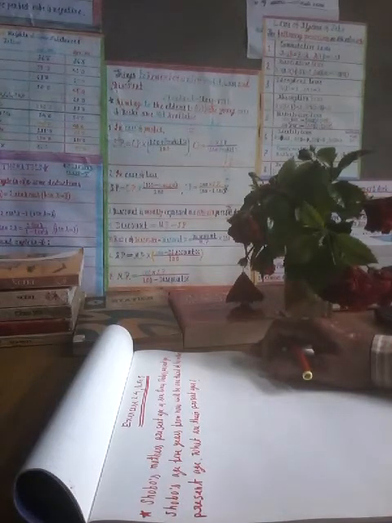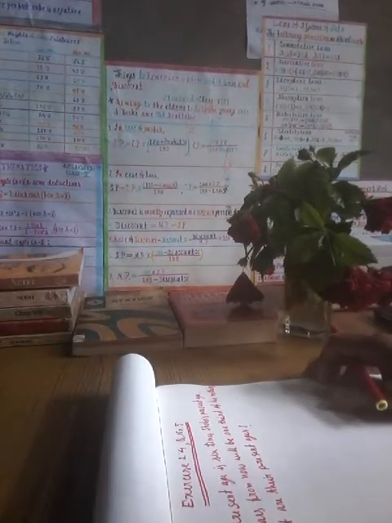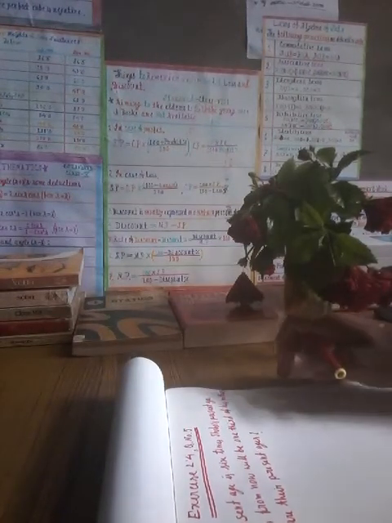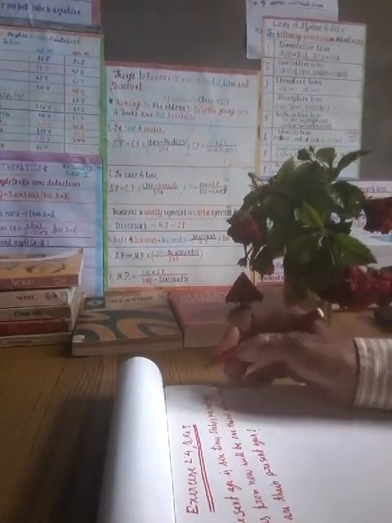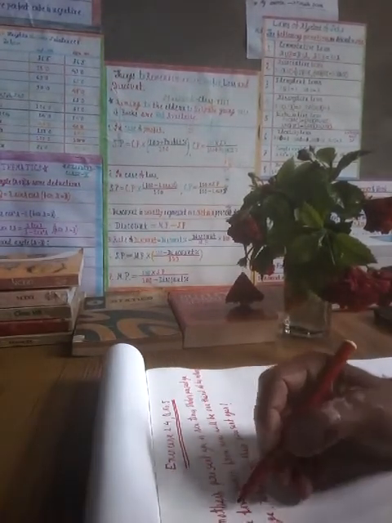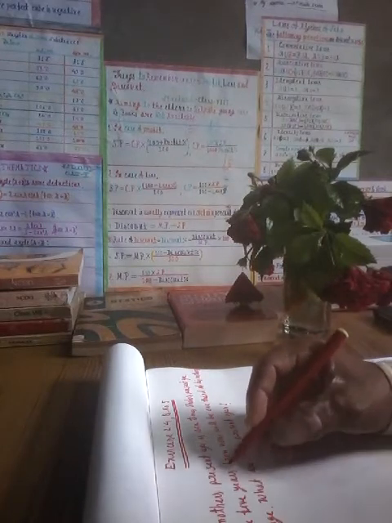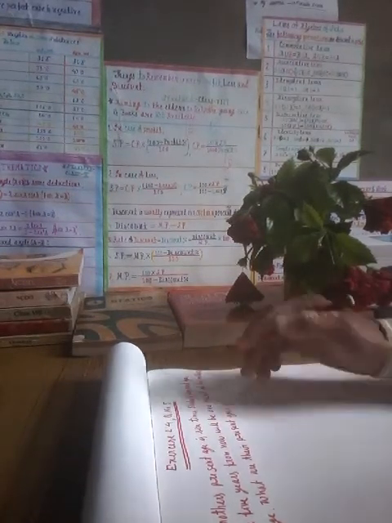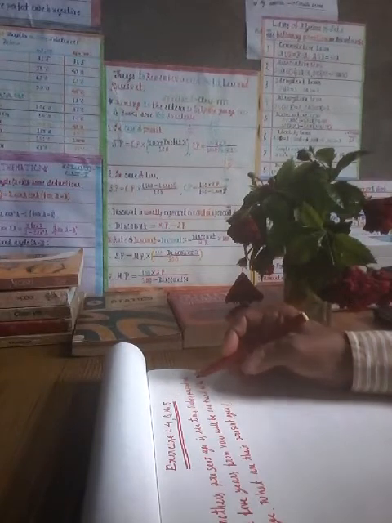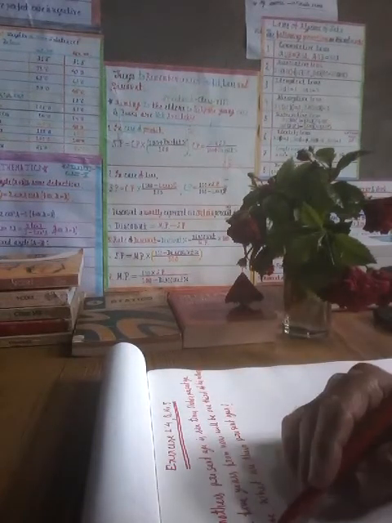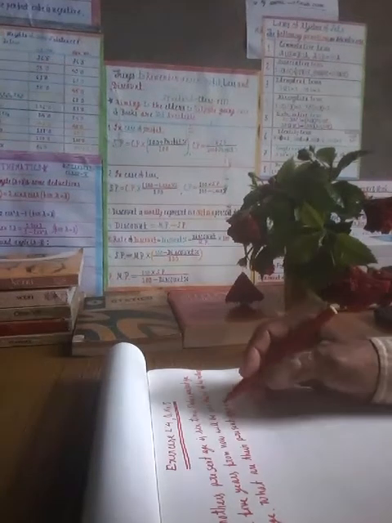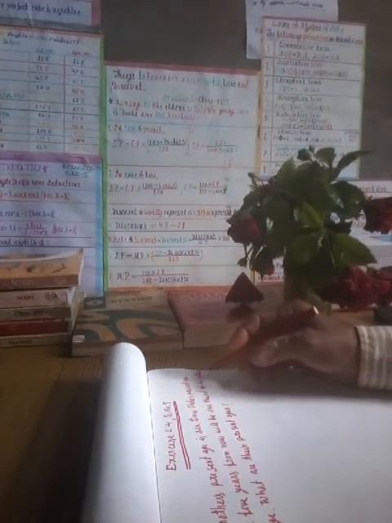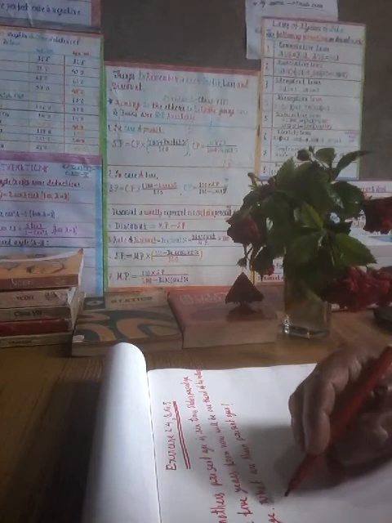randomly taken a sum from your book, from exercise 2.4, question number 5, which says: Subhu's mother's present age is 6 times Subhu's present age. Subhu's age 5 years from now will be 1/3 of his mother's present age.